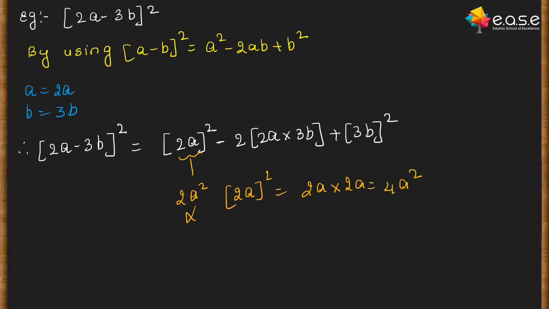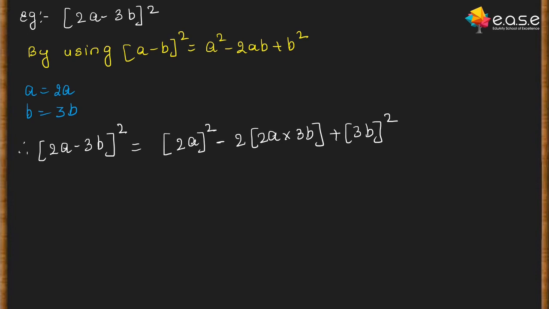So make sure that you don't make these kinds of errors, because even if your method is right, if your calculation is wrong, you are not going to get your answers correct, right?